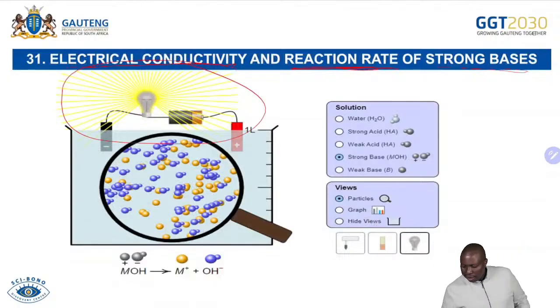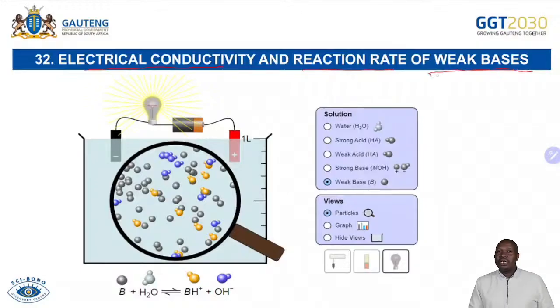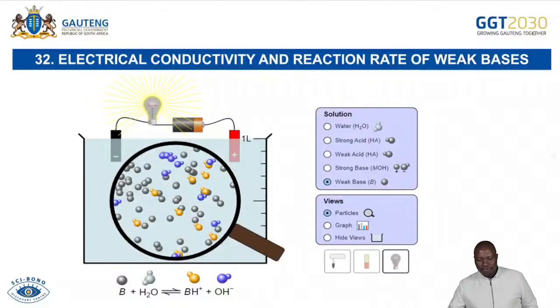I hope that helps you. Even when you prepare for exams, you'll remember that a weak base has a lower electrical conductivity and reaction rate because it dissociates only partially in water to form a low concentration of hydroxide ions. Hope that is good for you.